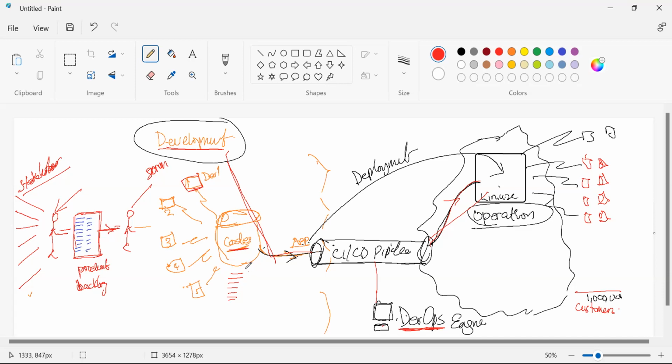All of those lines of code will have to be converted into just one application, which is Tesla. So the process of converting all of these lines of code into one application is the build. So writing the code is one thing, building the code into an application is something else.